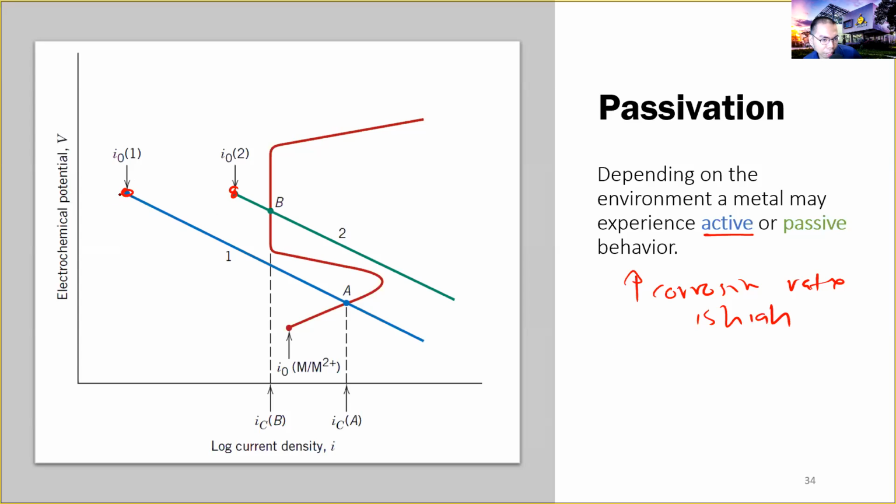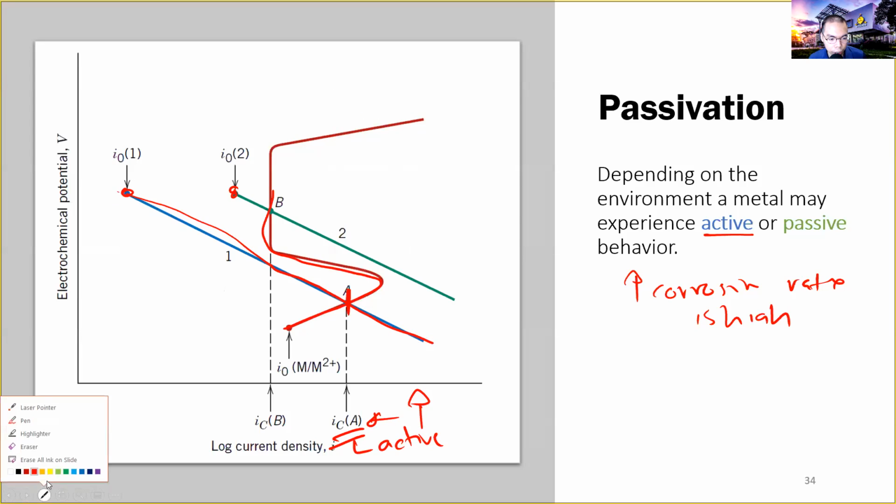So in this case, let's say condition 1. Sa condition 1, ito yung polarization curve mo. And intersects yung passivation curve natin dito. Here. This current is high. Ibig sabihin, active yung metal mo.